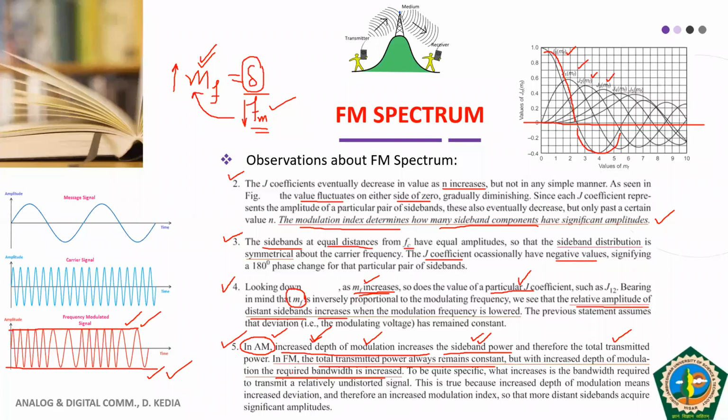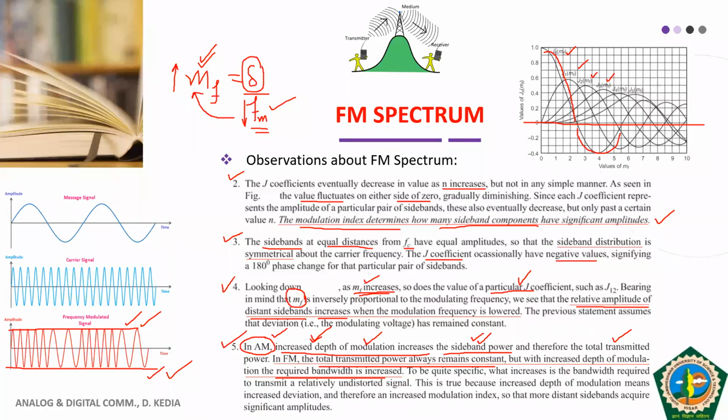Please read this point carefully, that in FM, the total transmitted power always remains constant. But with increased depth of modulation, when we increase the value of modulation index, the required bandwidth will increase.